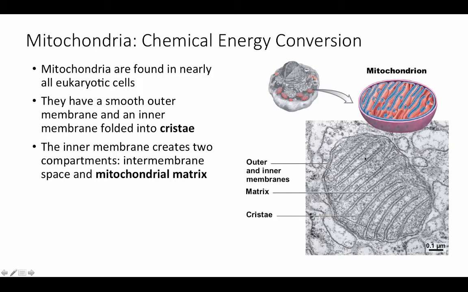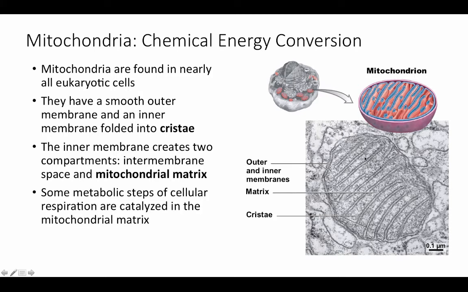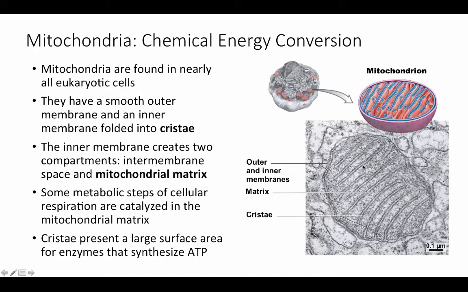Some of the metabolic steps of cellular respiration are catalyzed in the matrix, so just in this interior fluid in the mitochondrion. And then many of the reactions happen actually on these membranes. And so the cristae present a very large surface area with lots of embedded catalytic enzymes that synthesize ATP.